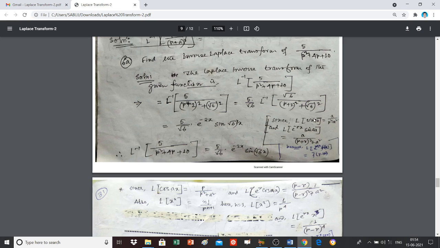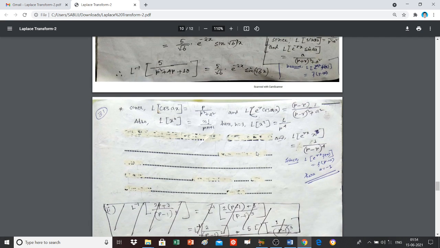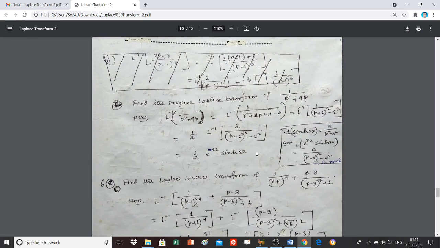This is why we obtain this from here. The reasons are stated here. Therefore the Laplace inverse transform of 5 by p square plus 4p plus 10 is equal to 5 by square root 6 e to the minus 2x sine square root 6x. Okay, now go to the next problem.